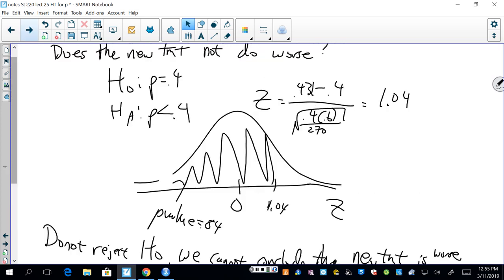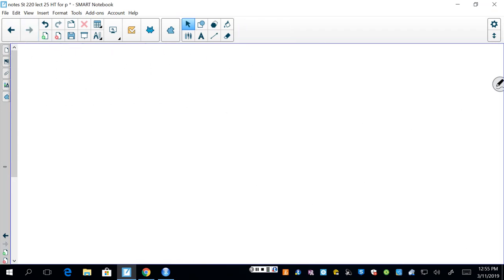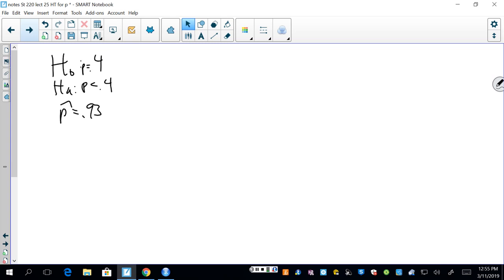So let's rework that example just a little bit. We had the null hypothesis that p was 0.4, and the alternative is p is less than 0.4, and our p hat had been like 0.39, based on 270.